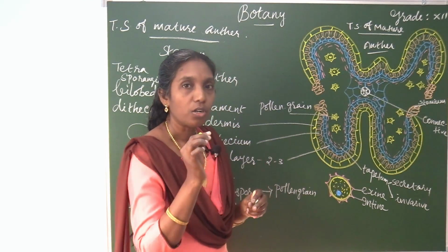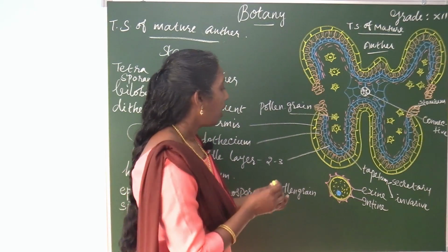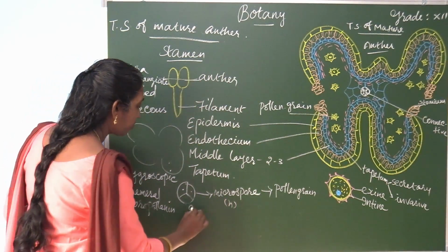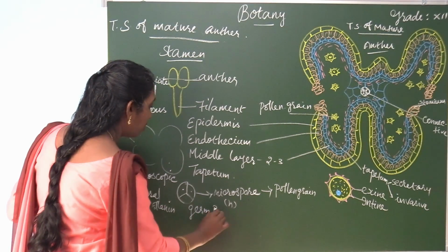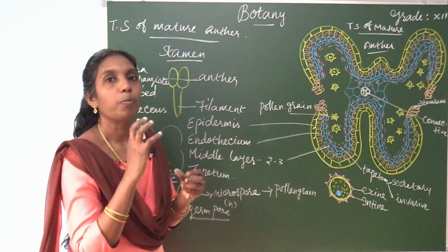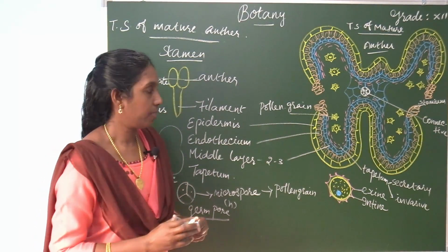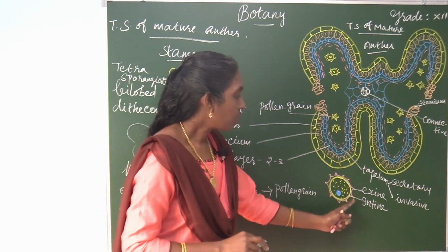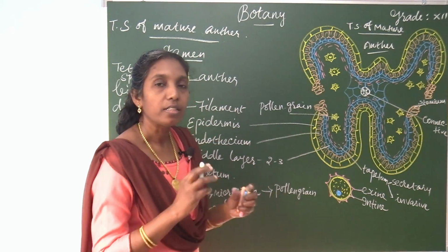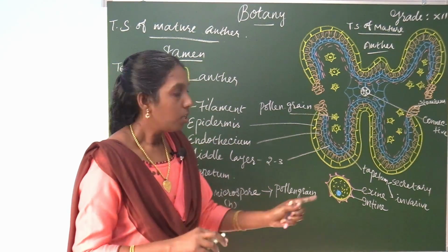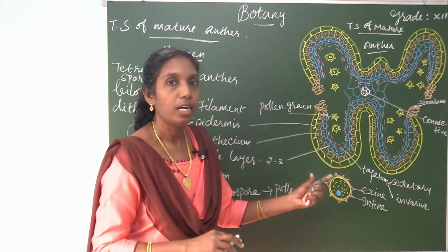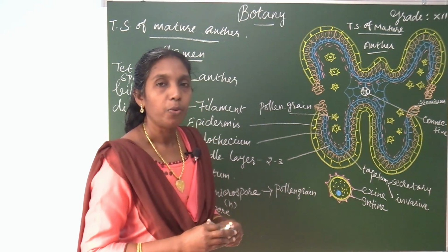These regions are globular in nature and they are called germ pores. Through this germ pore, the pollen tube develops. So it helps for the germination of pollen tube.